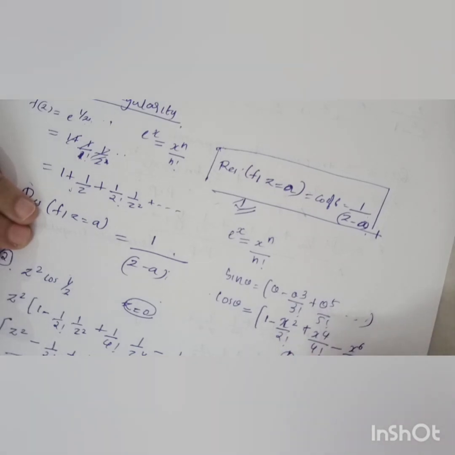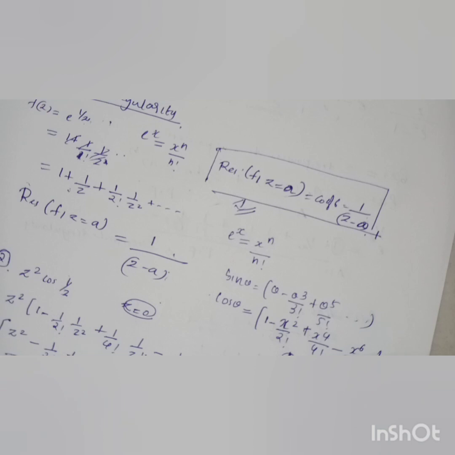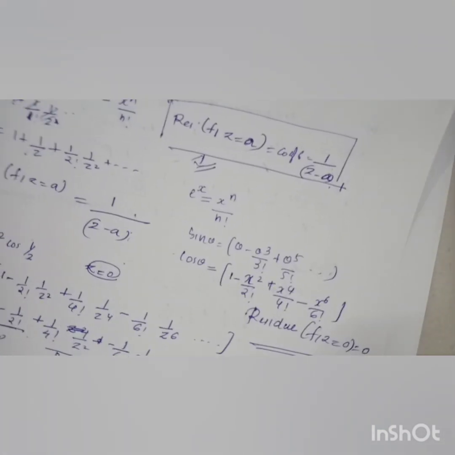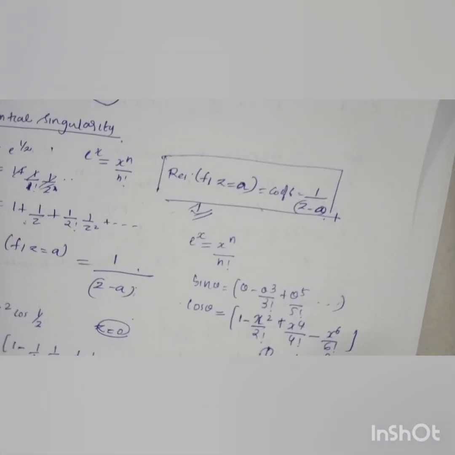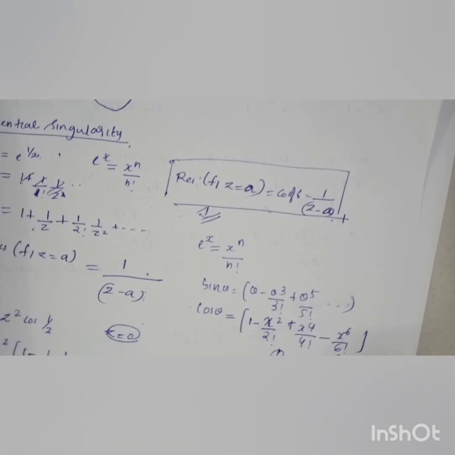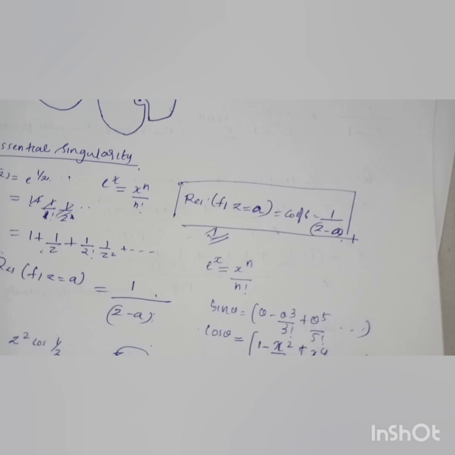So you have to remember these types of expansions. From them you can identify the essential singularity and find the coefficient of 1 by z minus a.